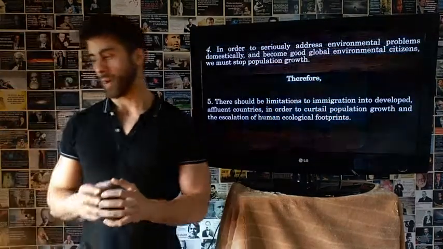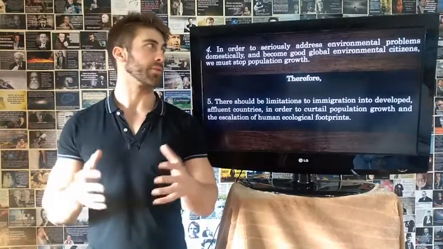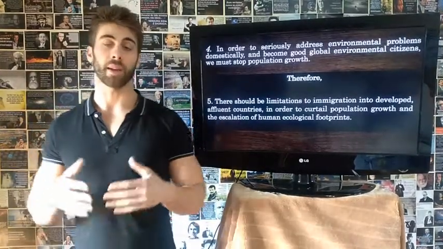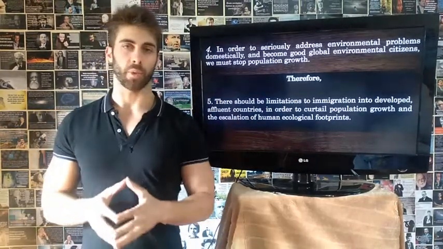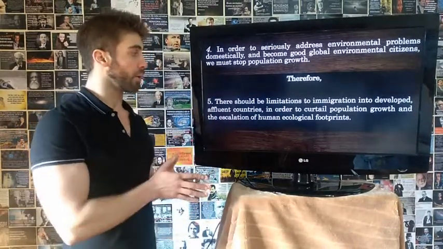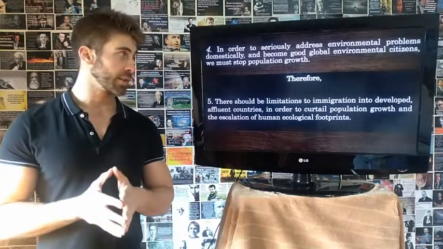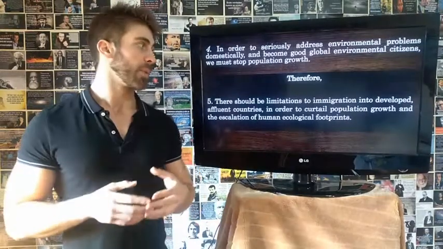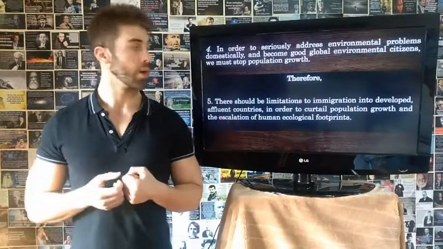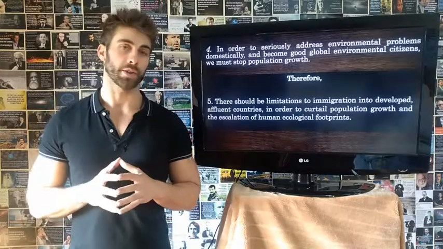So this premise leads us to the conclusion that in order to seriously address environmental problems domestically and become good global citizens, we must reduce population growth, as I said before. Therefore, there should be limitations to immigration into the developed and affluent countries in order to curtail population growth and the escalation of these huge human ecological footprints.